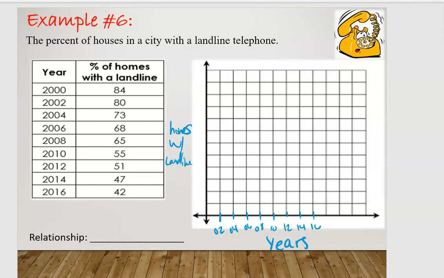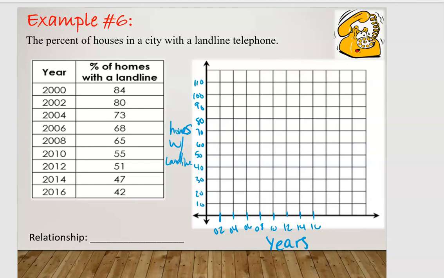And then our numbers, I'm probably going to go by tens again. Just trying to find a good scale so we can see what is happening to the data, but make sure all the data points fit.